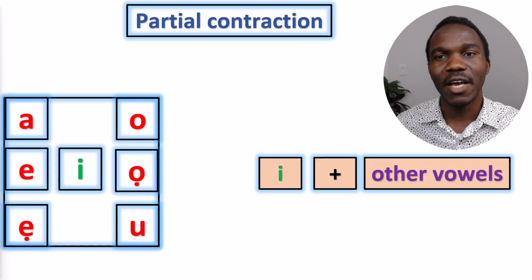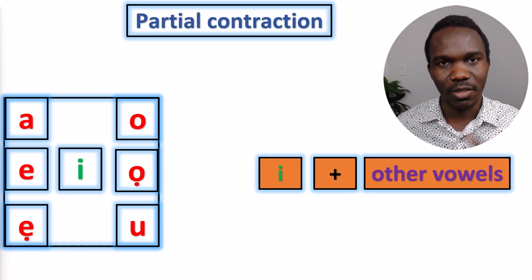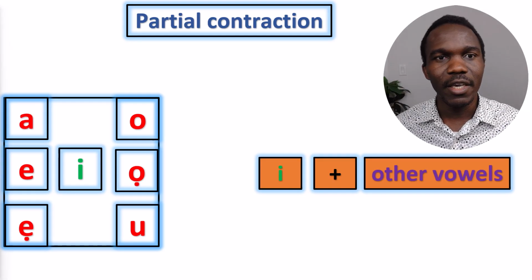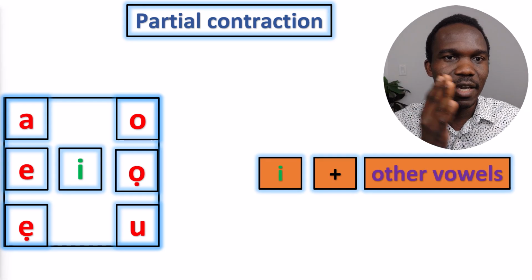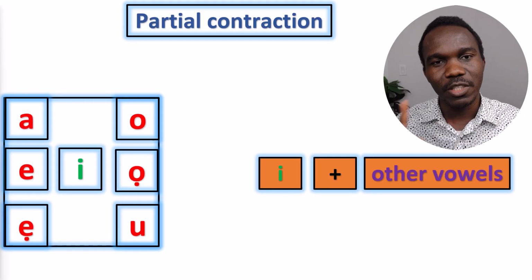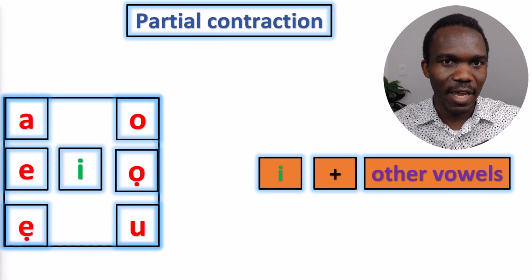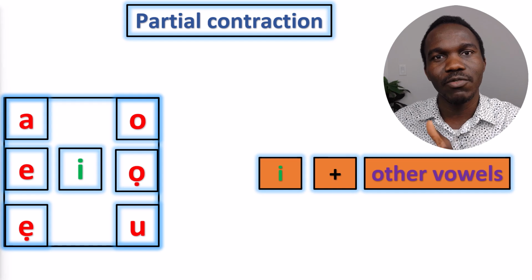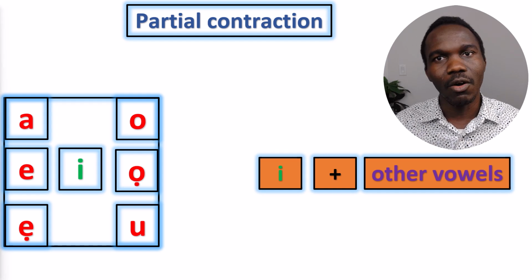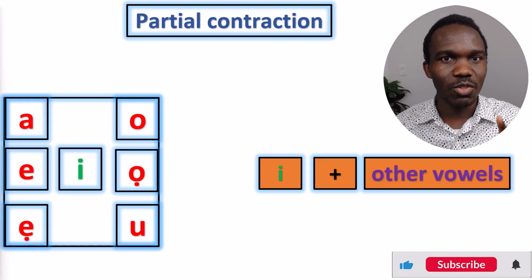Today we're going to be looking at E and other vowel. When we say E and other vowel, it means that E is in one of the words. It could be the ending word that has E, or the beginning word that has E, but the E only appears once.